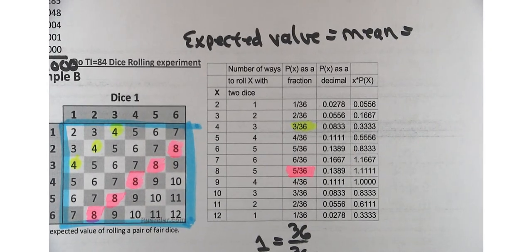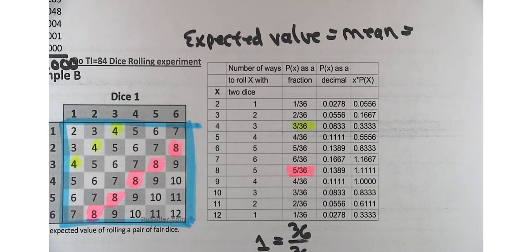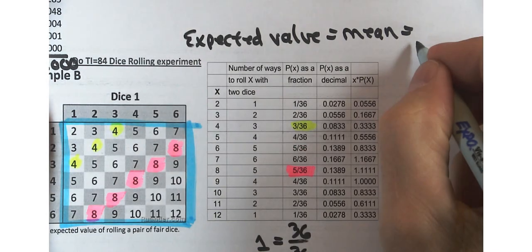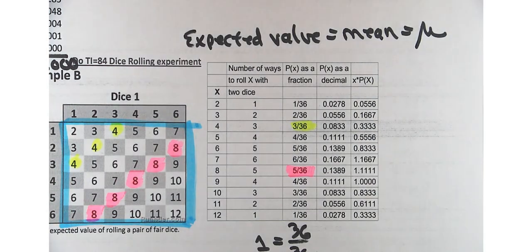Do you remember the symbol that I used back in section 2.6? What symbol did I use? It was a Greek letter for the mean. It's the Greek letter mu.